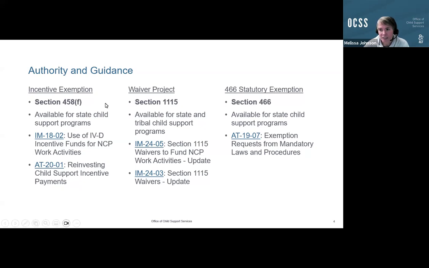This is found in Section 458F of the Social Security Act, and IM 18-02 and AT 20-01 both provide relevant information around incentive exemptions. When I put this PDF of the slides in the chat, these are active links, so you'll be able to quickly click on those to pull up that additional information.